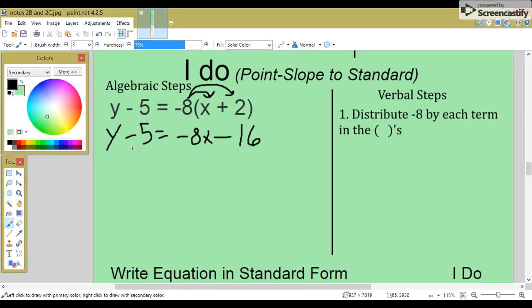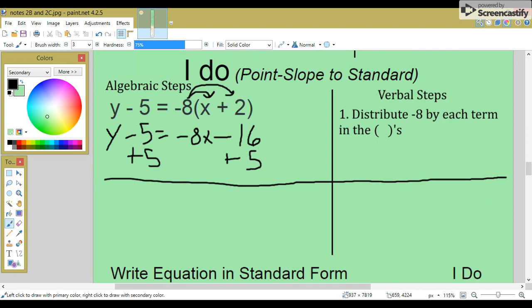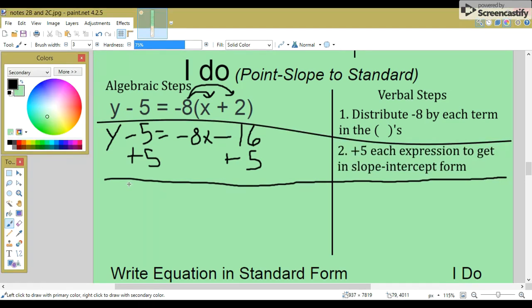Step 2, add 5 to each expression. Now we have the slope-intercept form, y equals -8x minus 11. But we want it in standard form, so we have to keep going.